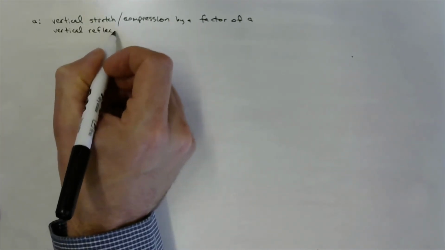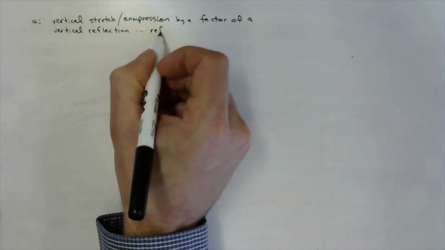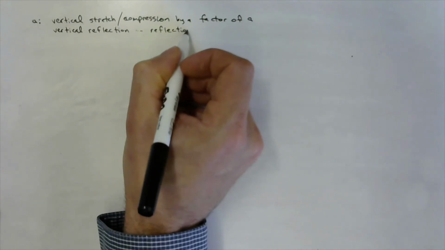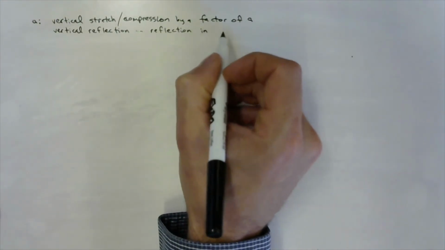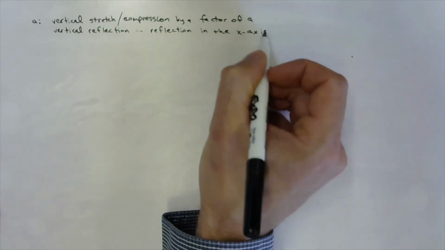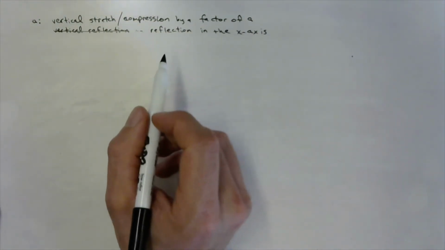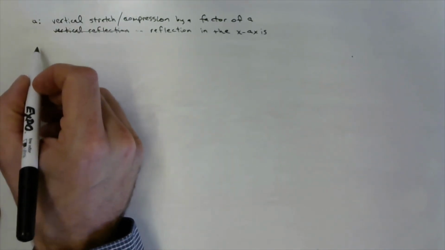It can reflect the function along the x-axis. Yeah, we would say reflection in the x-axis. It's probably a better way to write it. You probably don't need the vertical reflection. It's a reflection in the x-axis. It could be if it's negative, right?